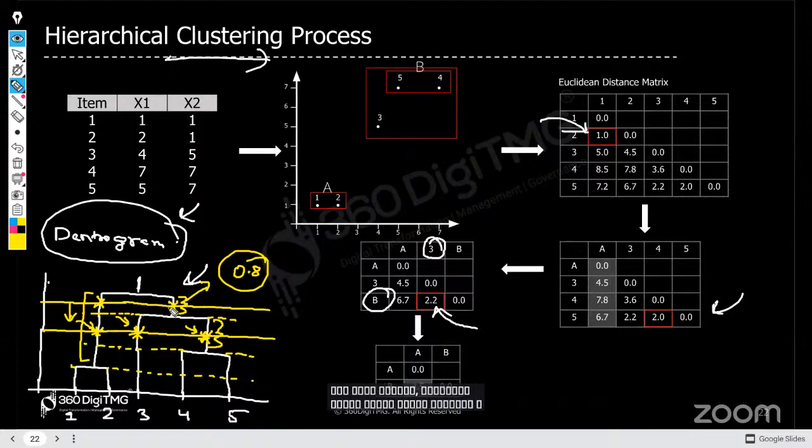That's how we will determine how many clusters we need. When it comes to hierarchical clustering, we don't have to manually feed how many clusters we need. The hierarchical clustering by itself will figure out how many clusters it needs by creating this dendrogram.